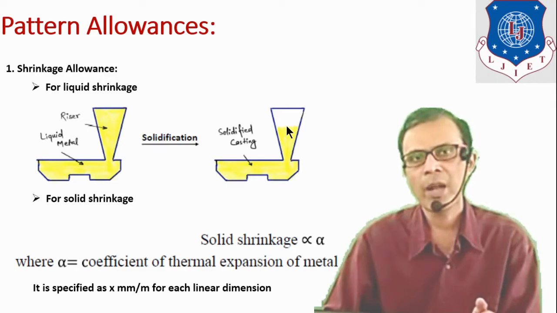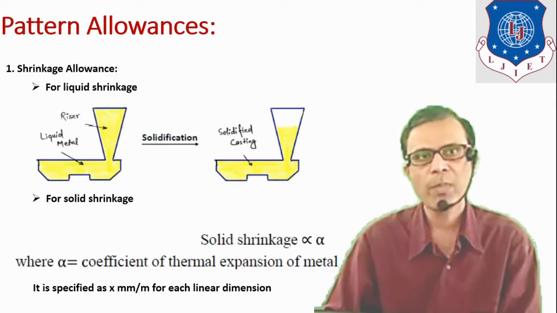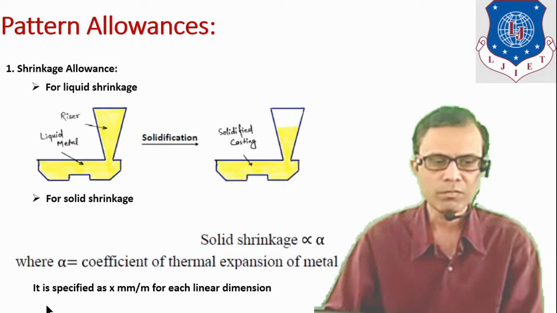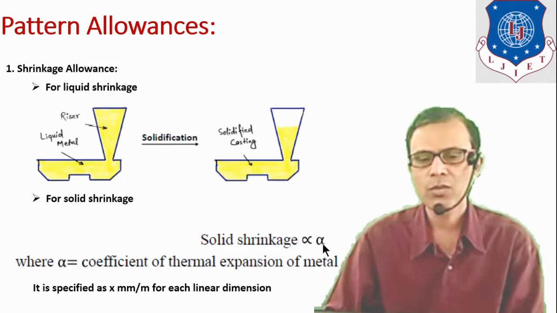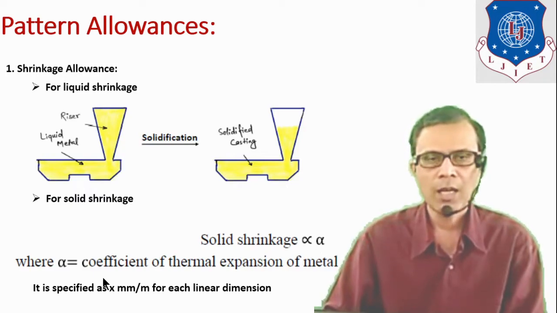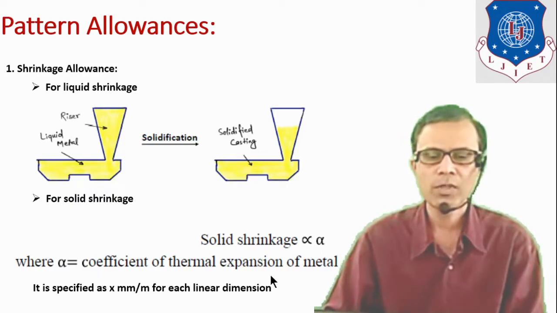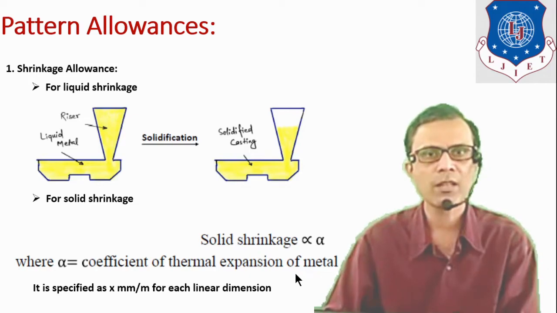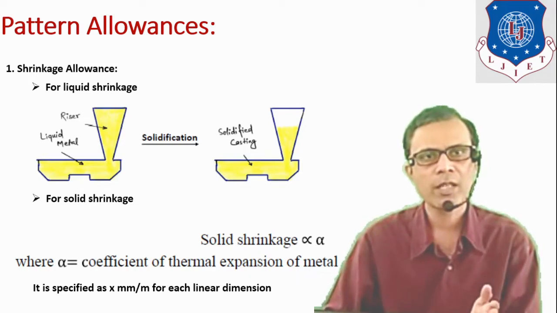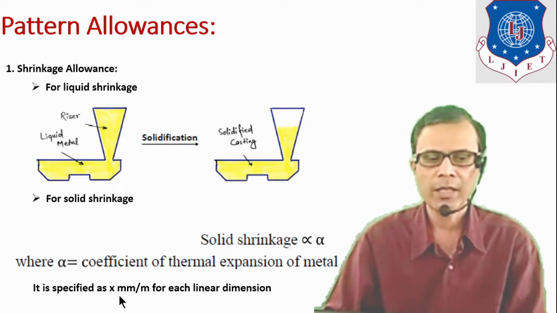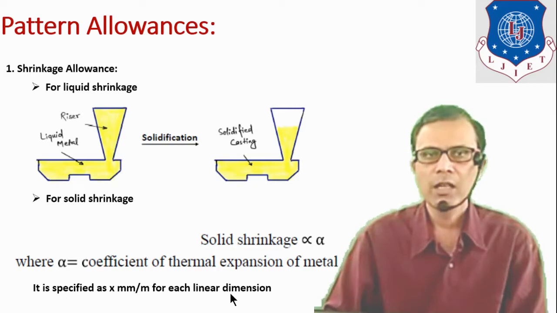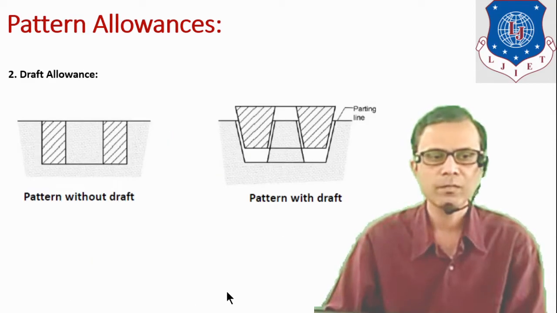The liquid metal is used to compensate the shrinkage. Solid shrinkage is proportional to alpha, where alpha is the coefficient of thermal expansion of the metal, but from metal to metal its value may be different. It is specified as mm per meter for each linear dimension.